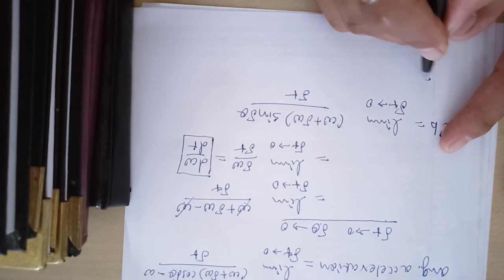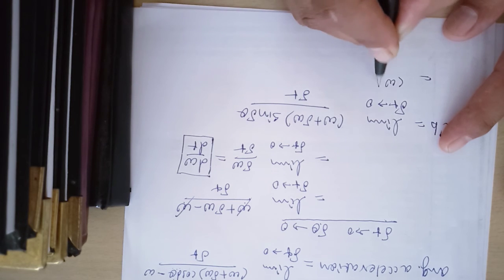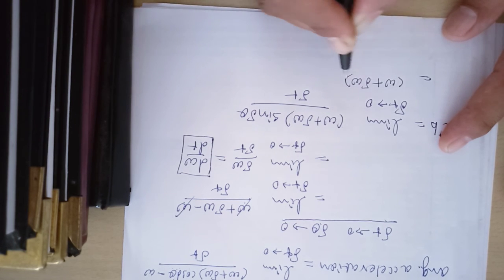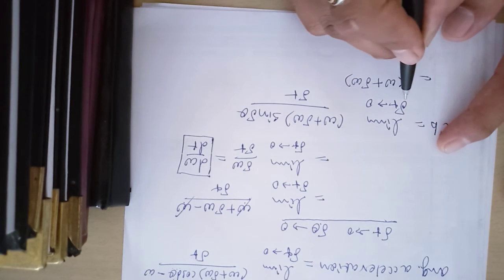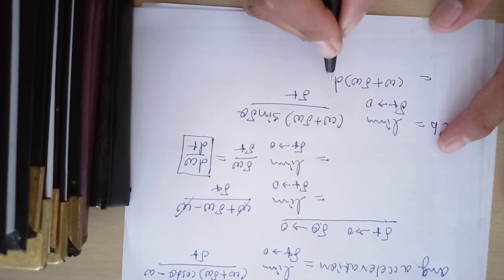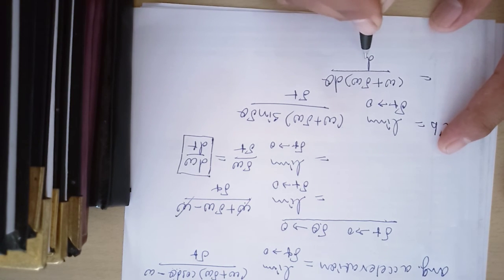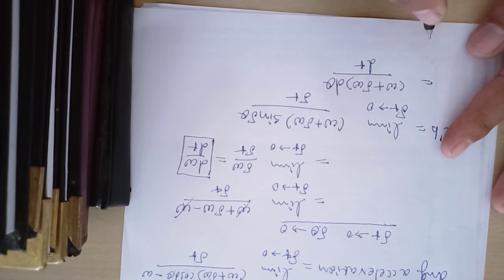So this will be omega plus del omega, sine del theta is del theta, and when del t tends to 0, it becomes d theta upon dt.